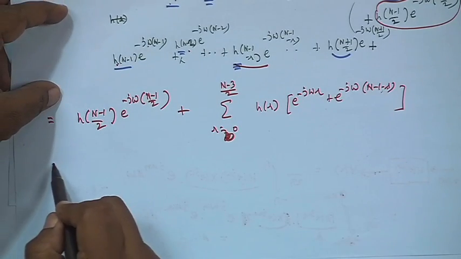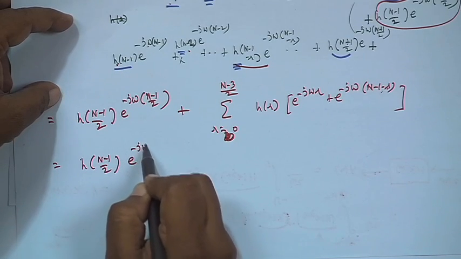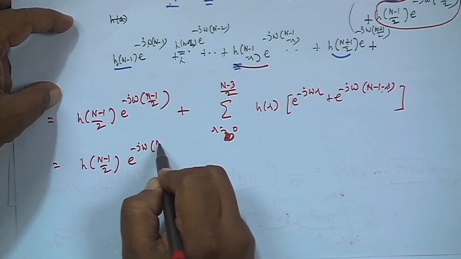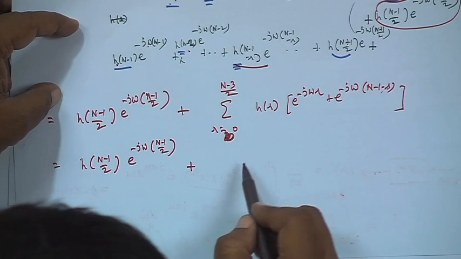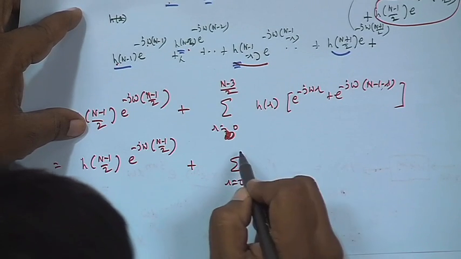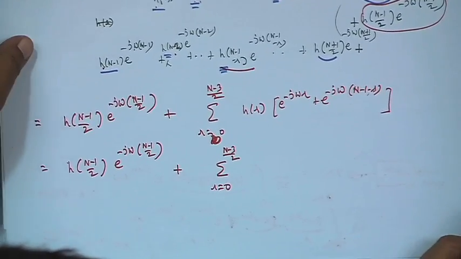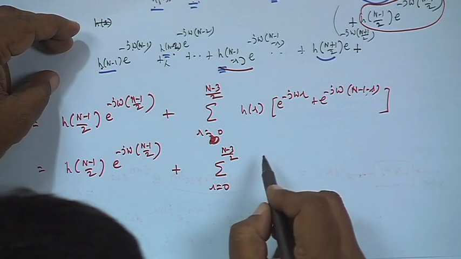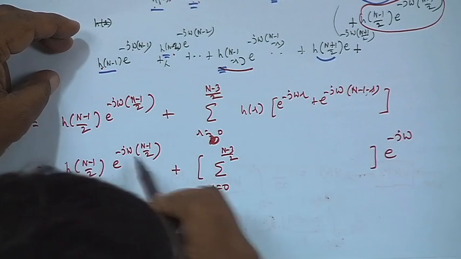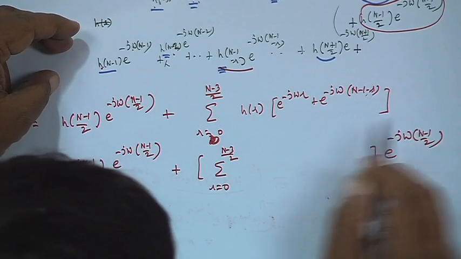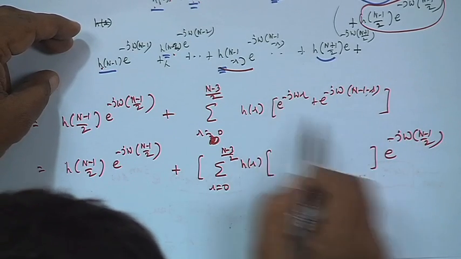Now, I will do some simple manipulations. If I take this thing common, e^{-jω(n-1)/2}, this factor, if I take it out, with h_r, so e to the power minus this taking out, I have to add e^{+jω}(n-1)/2 here.